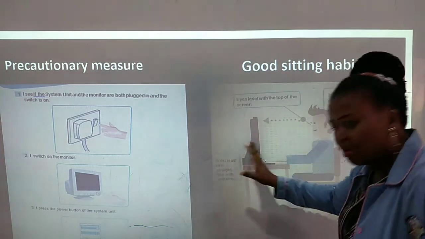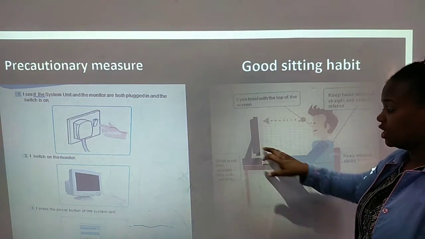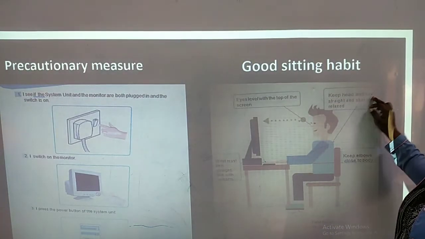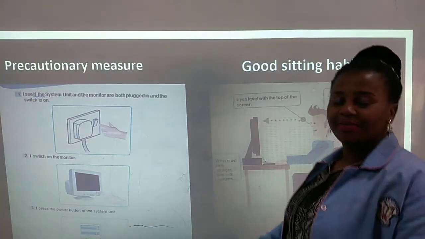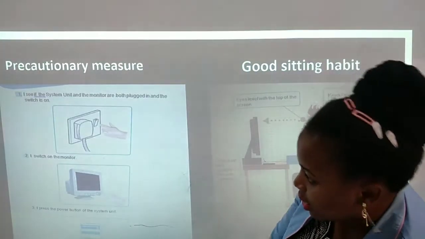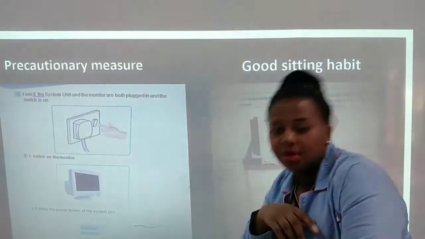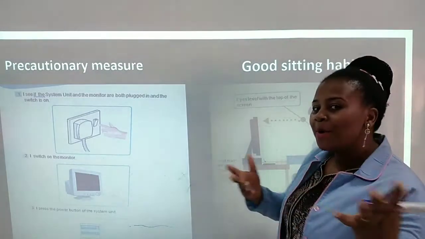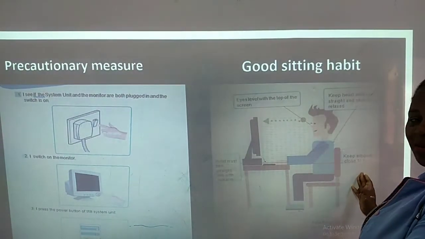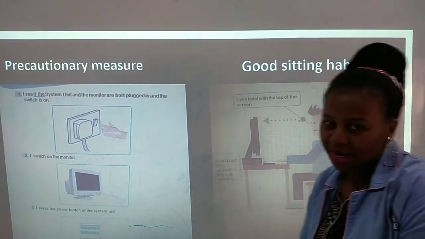While you work on this, your wrist must be in a straight line, okay? Now, keep head and back straight. Like I said, you sit up, okay? You sit up. No need to slouch like this, or like this. You understand? There are different postures in the classroom, but this is the best way to sit while you're working on the computer.